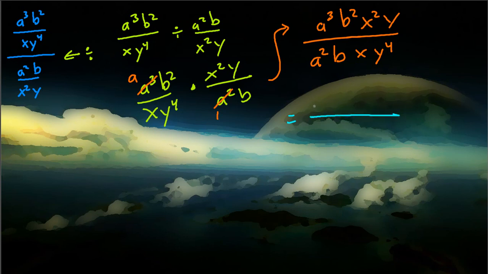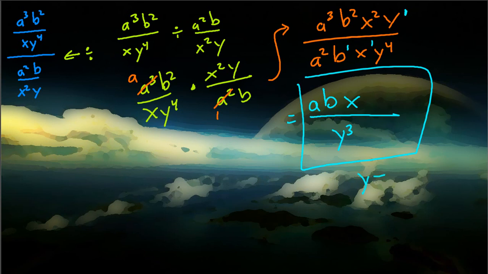So 3 minus 2 is 1, positive 1, so it ends up in the numerator. 2 minus 1 is 1. 2 minus 1 is 1. This is a 1 right here. 1 minus 4 is negative 3. All the negative ones end up at the bottom, but we don't write the negative. Now, it is important to note y couldn't be 0 right there.